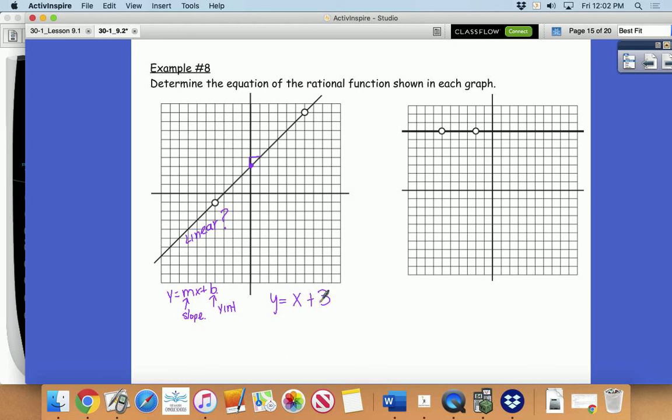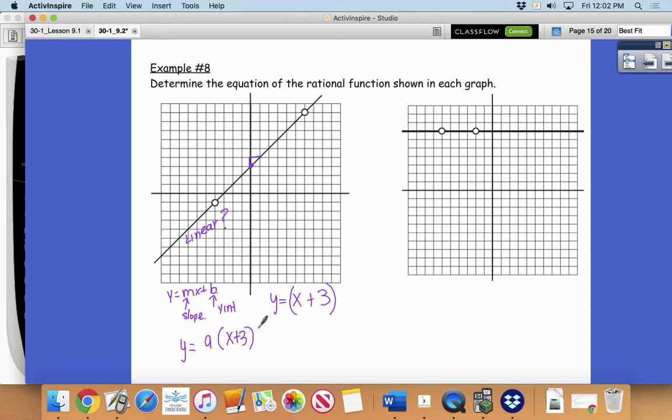So once you have that, that is going to go in brackets. So that is representing what would be left if we got rid of our points of discontinuity. But we still need to include those, right? So when we write our equation, we're going to have x plus 3, which is our linear equation.